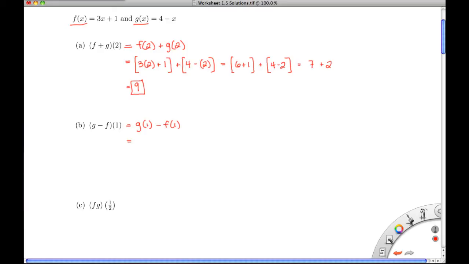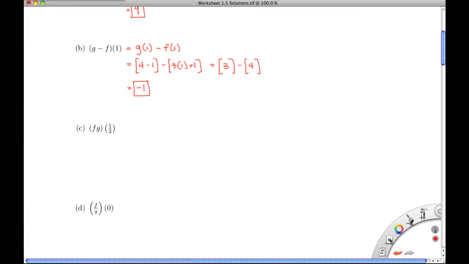So again, we're going to go up to g, and if we take g and evaluate it at 1, we're going to have 4 minus 1, and then we'll subtract f evaluated at 1, which should be 3 times 1 plus 1. So that would give us 3 minus, and in this case we'd have 3 plus 1, which would be 4. So our answer would be -1, and that would be our solution for part B.